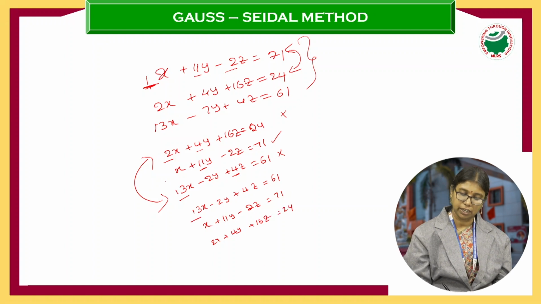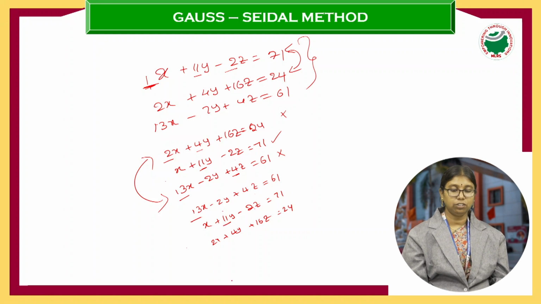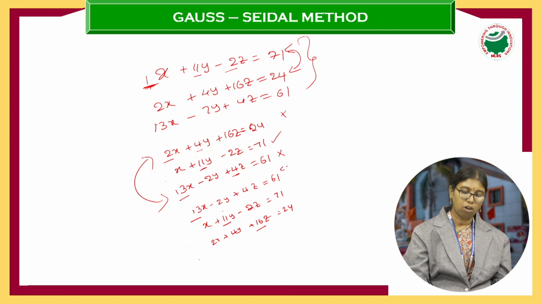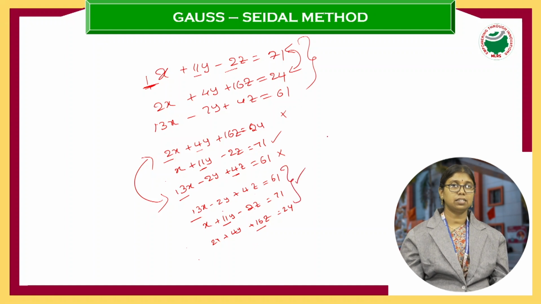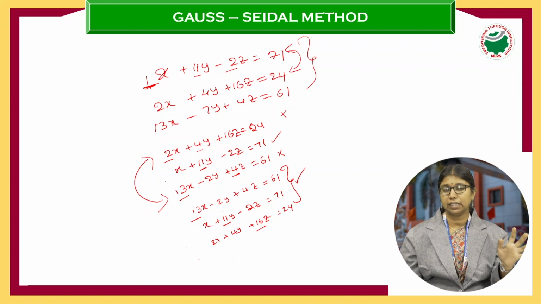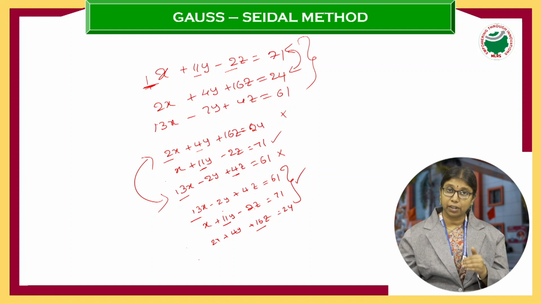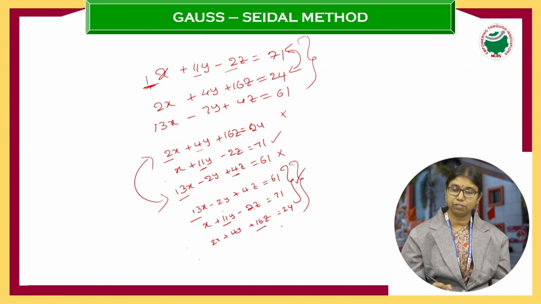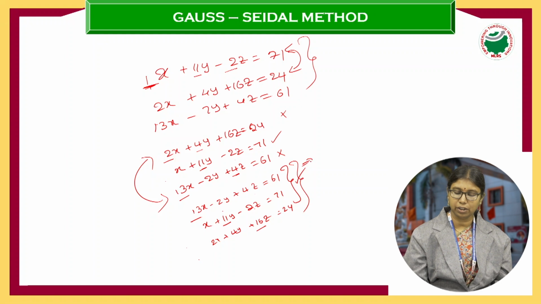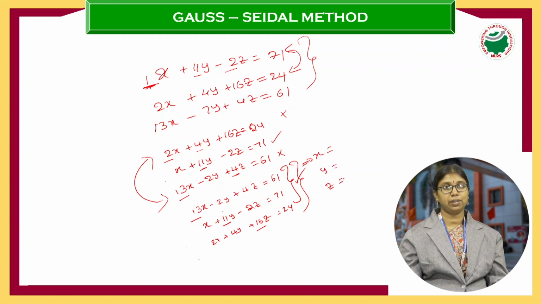Now see, 13 is greater than 2 and 4, 11 is greater than 1 and 2, 16 is greater than 2 and 4. So now all three equations are satisfying the diagonally dominant condition of the Gauss-Seidel method. Since these equations are satisfying, now you separate variables from this set of equations only. That means here you separate x, here you separate y, here you separate z.